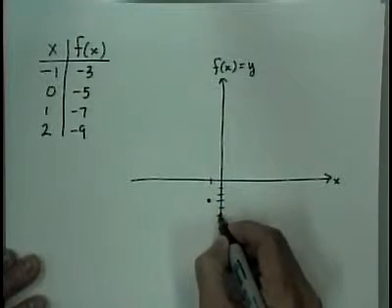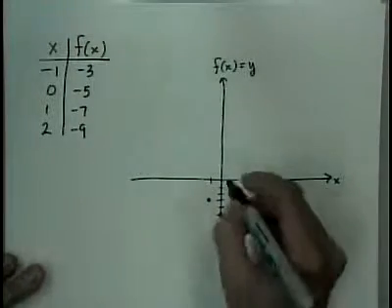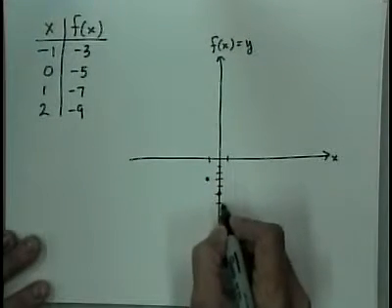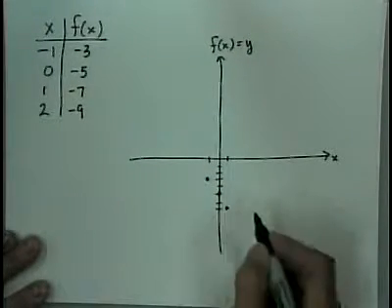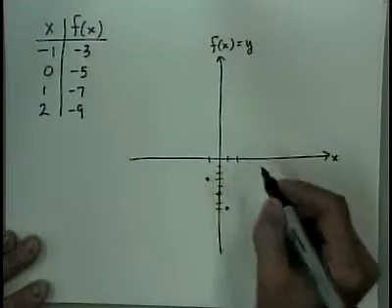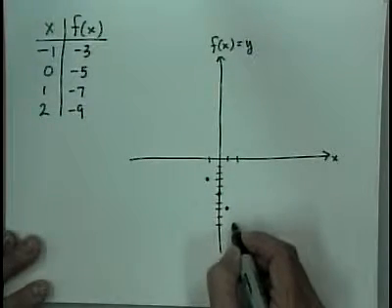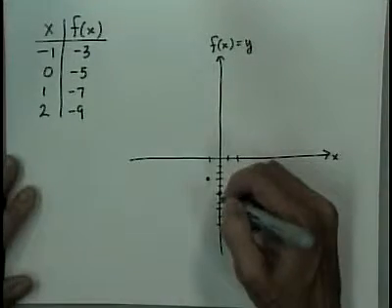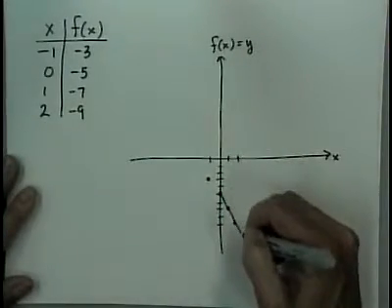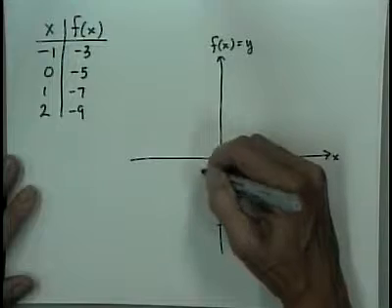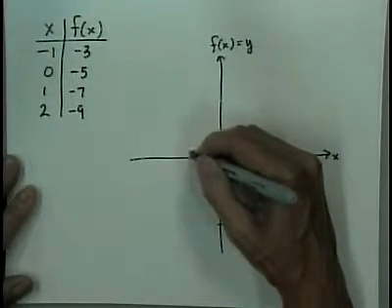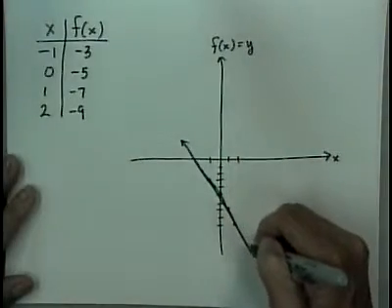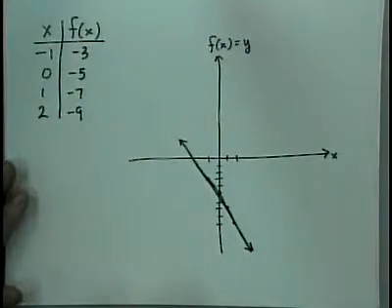That's 0 in the x direction, -5 in the y direction. We want to plot 1, -7, and 2, -9. We connect those points with a line to get a graph of the linear function.